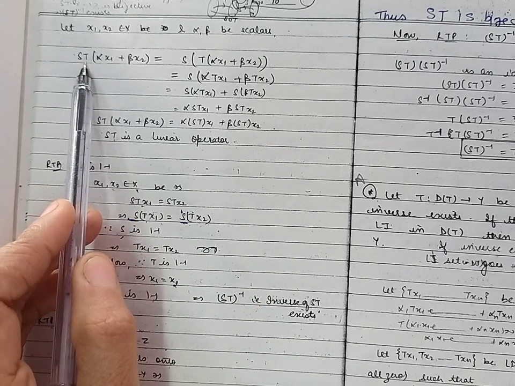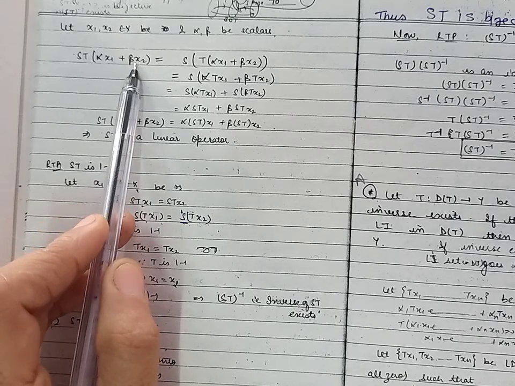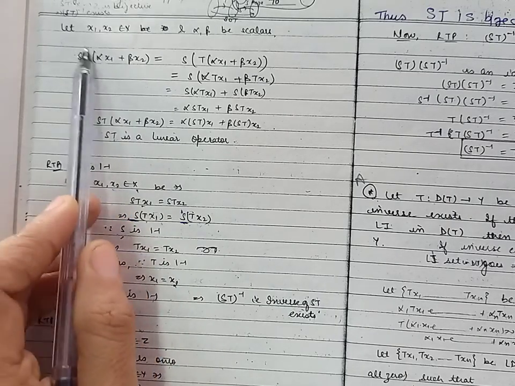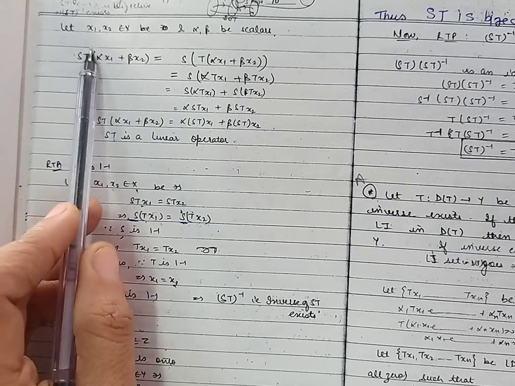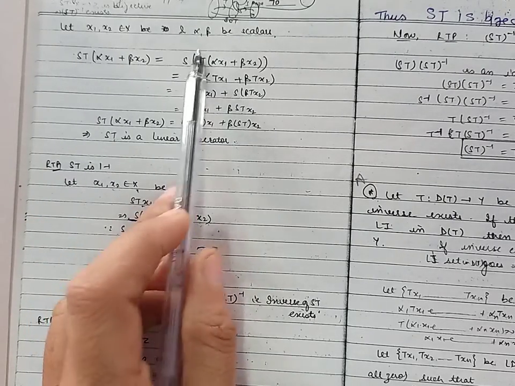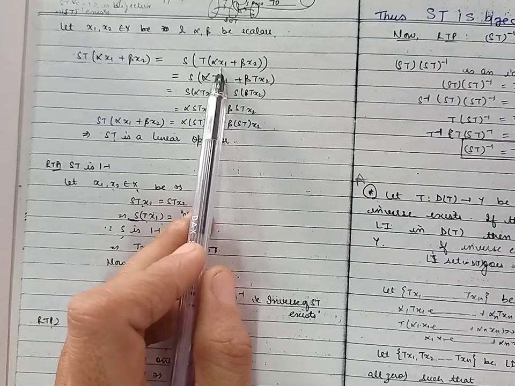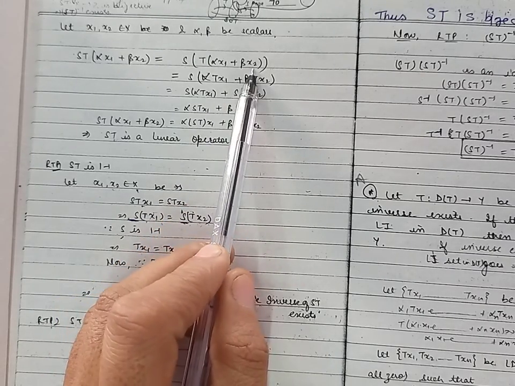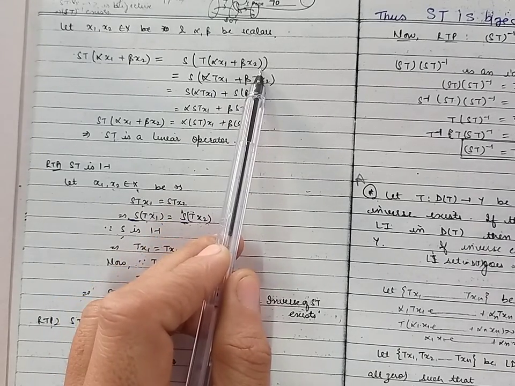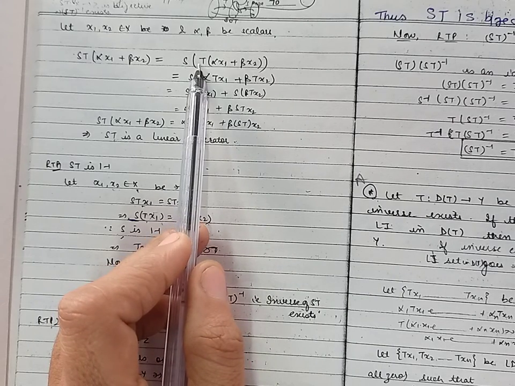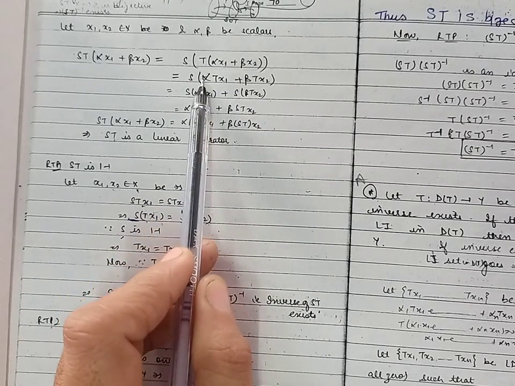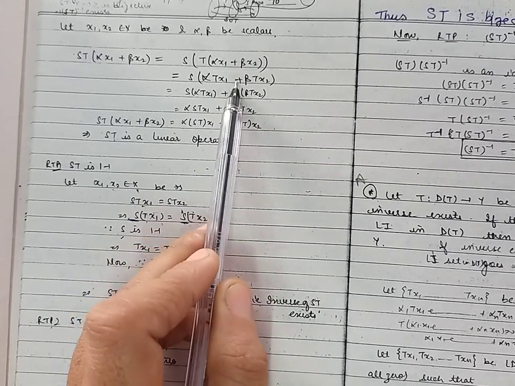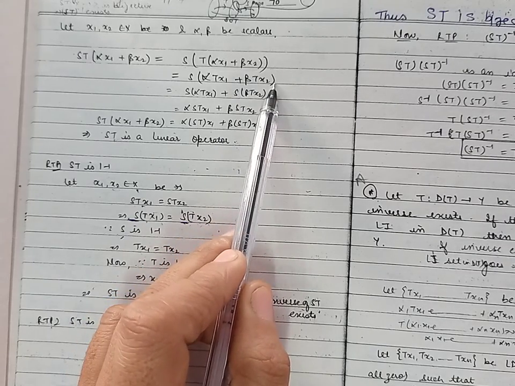Let us find the image of alpha x1 plus beta x2 under ST. Now, by definition of composite mapping, this can be written as S of T of alpha x1 plus beta x2. Because T is a linear operator, by linearity of T, this can be written as S of alpha into T of x1 plus beta into T of x2.